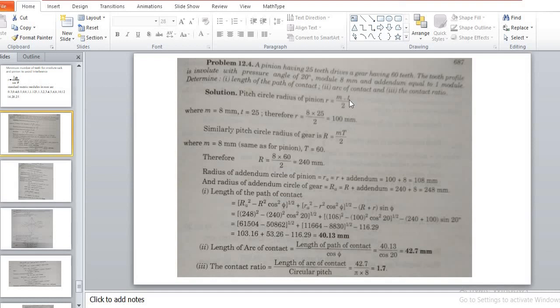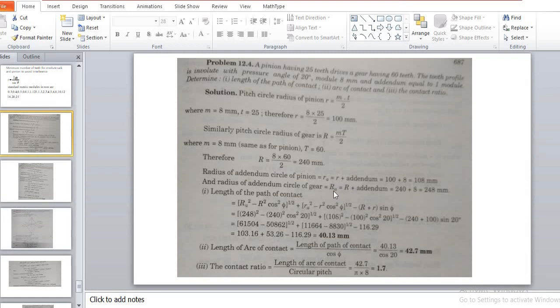The t values and the m value are given, so we can find small r and capital R by substituting m equal to 8 mm, small t equal to 25, and capital T equal to 60 teeth. Now the addendum circle radius is the pitch circle radius plus the addendum value.